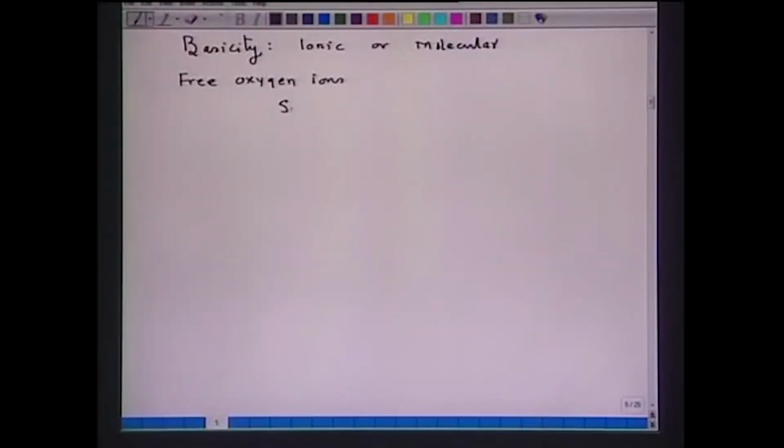For example, if I write SiO2, it will take 2 O2- ions to make SiO4 4-. Similarly, if I have a slag which has P2O5, that will take 3 O2- ions to give us 2 PO4 3-. So, if we now further add oxygen ions, then the oxygen ions will be free.